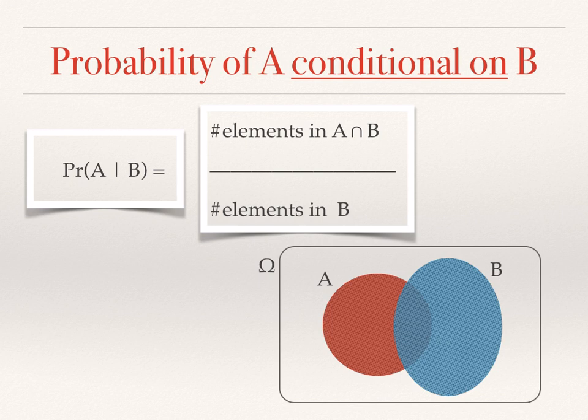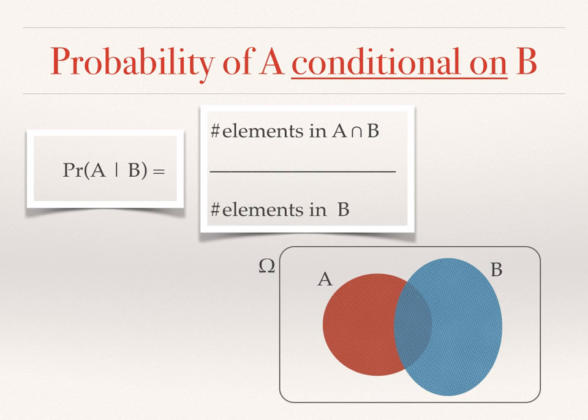We can represent this pictorially using these circles. The red circle is for the set A, and the blue circle is for the set B, and then there is the sample space Omega in the background.